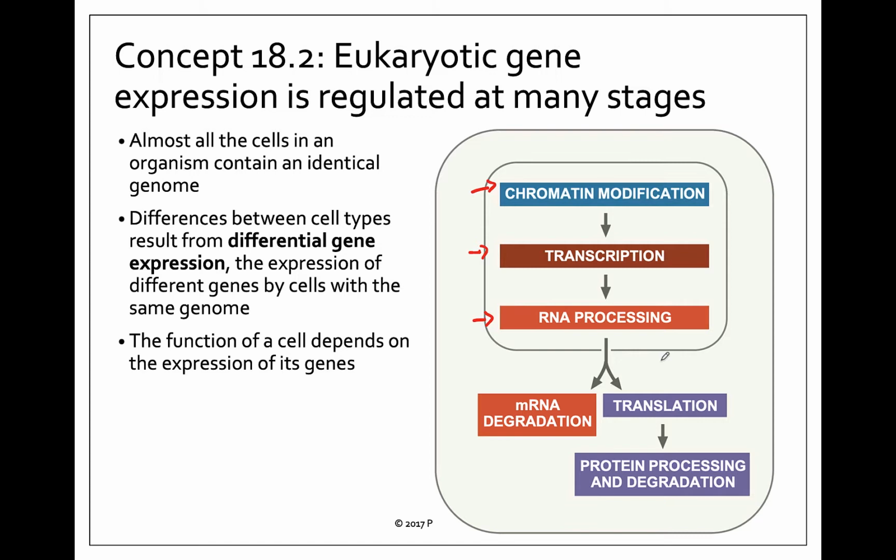RNA processing, as well as post-transcriptional methods like translation or messenger RNA degradation, can determine, even if transcription occurs, which genes actually get translated into proteins. So we have many steps in our process from DNA to RNA to protein where we can change something and either turn a gene on, meaning that it's going to get expressed, or turn a gene off so that it does not make a protein.